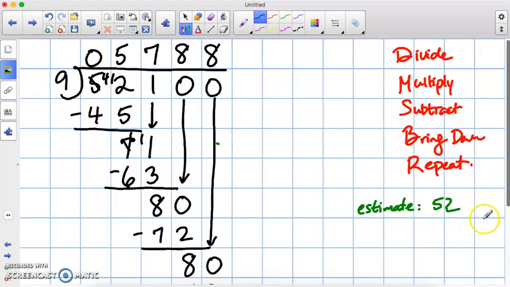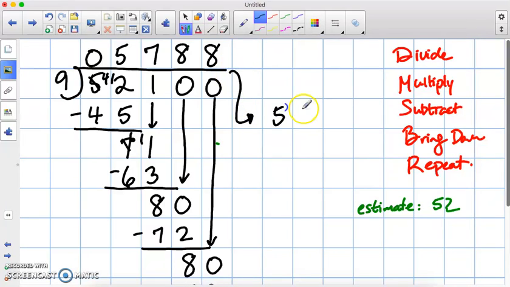Okay, that's as far as I want to divide. And also too, our objective for this question is that you want to round your quotient to the nearest tenth. Okay, so right now we have 5788 as our answer here. So I'm going to jot this down here.